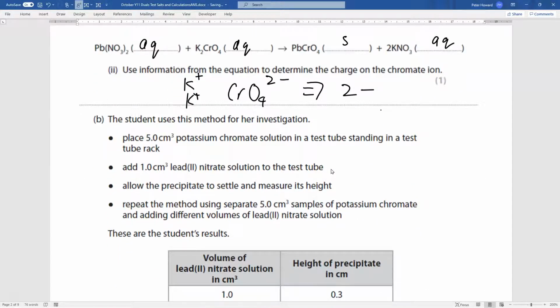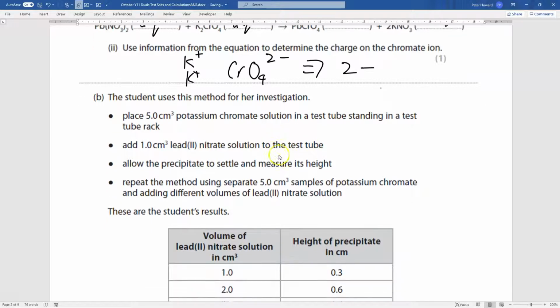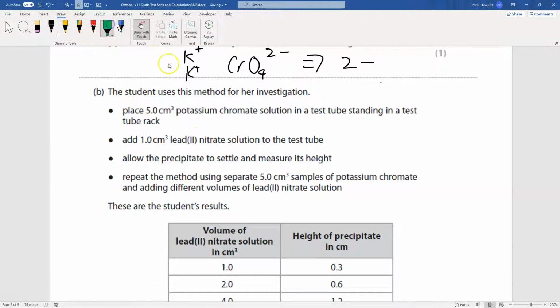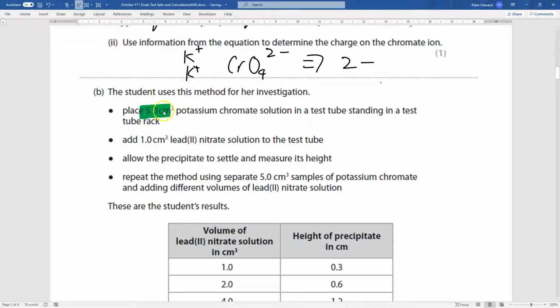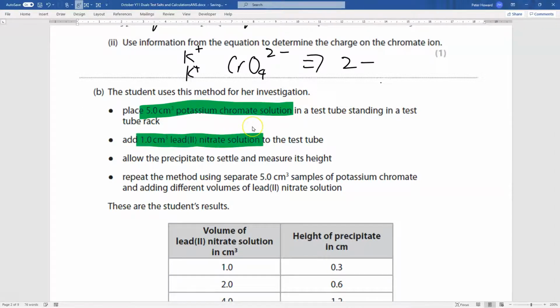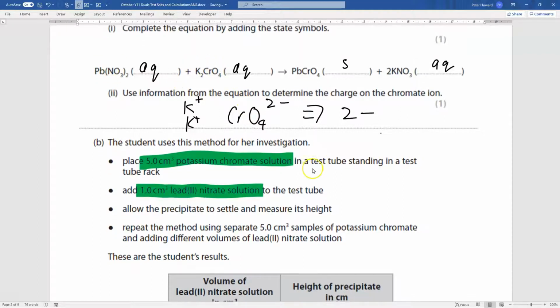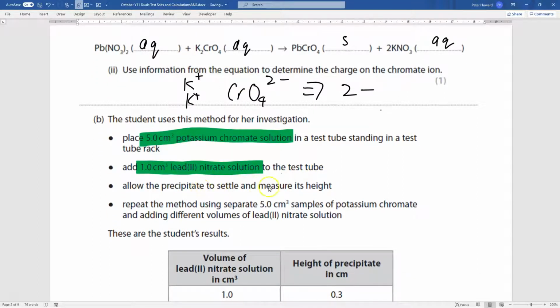Next one is about an investigation. One of the things that I didn't see in particularly anyone's work was that it might be worth sometimes highlighting things. So 5 centimetres cubed is placed in a test tube, and 1 centimetre cubed of lead nitrate is added. It says allow the precipitate to settle and measure its height.